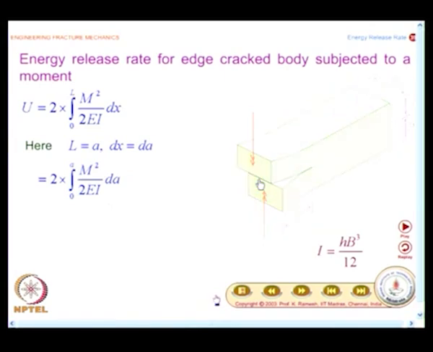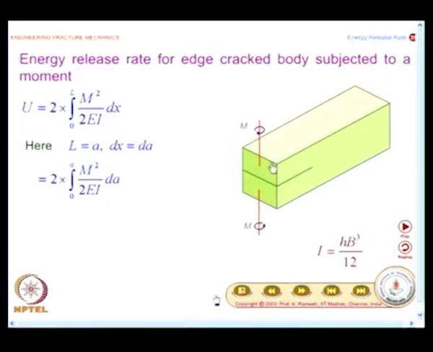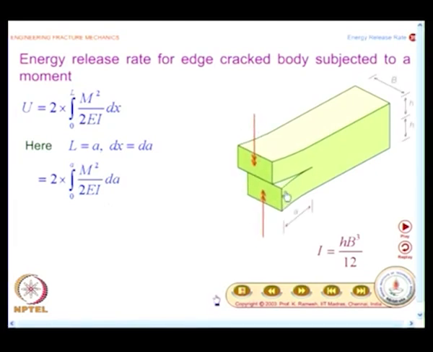We have already looked at how to calculate the energy for slender members. What we recognize is that the top portion is a beam subjected to bending, and the bottom portion is another beam subjected to bending.